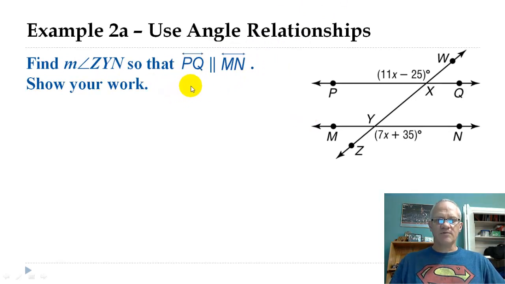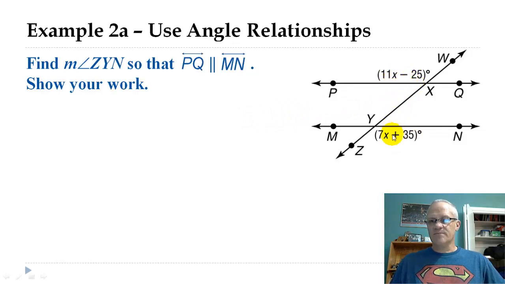This example now is going to be very, very similar to what we had done before. The only difference is I said find the measure of this angle ZYN, so that PQ is parallel to MN. But we're going to set it up the same way. Look at what we've got here. We've got 11x minus 25, 7x plus 35.